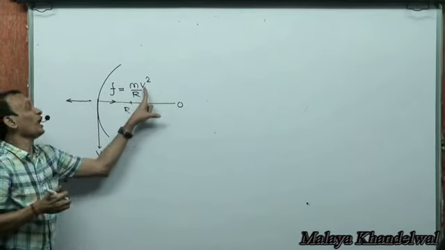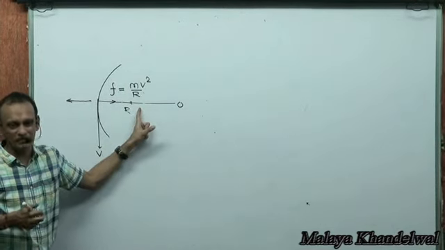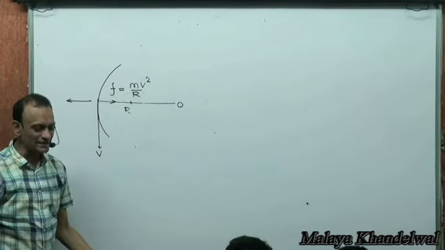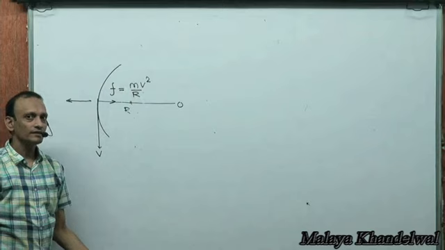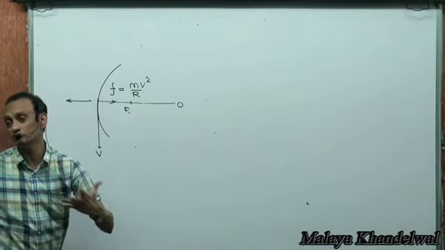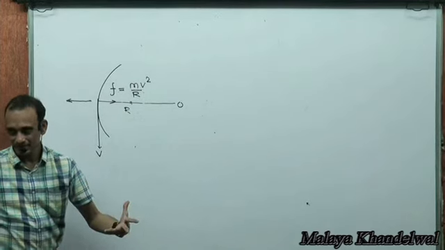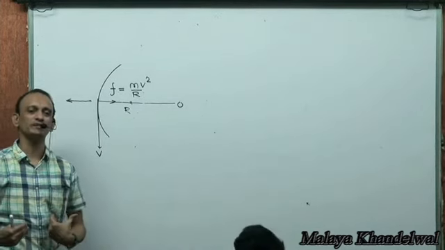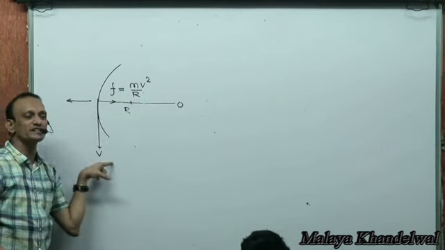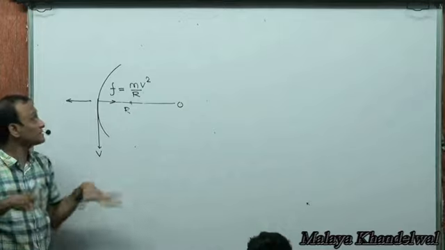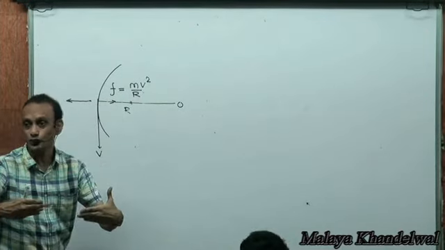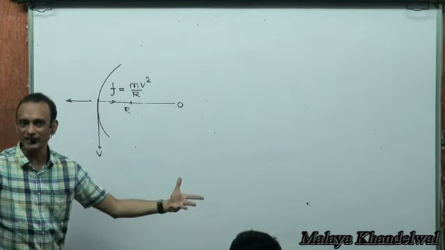If v is not very large, or r is not very small, or if m is not very large, as long as the requirement of friction is less than or equal to the maximum static friction, it will give you the required centripetal force to negotiate the circular trajectory. But it's not like if you go on increasing v, F will keep pace with you. No. F has a limit.